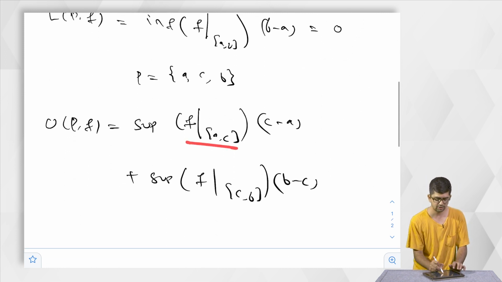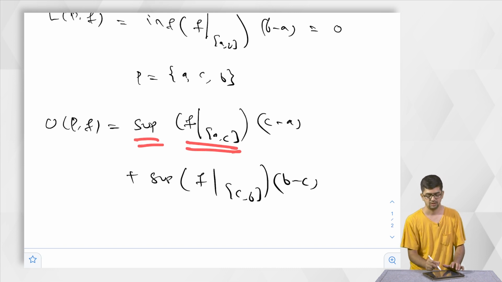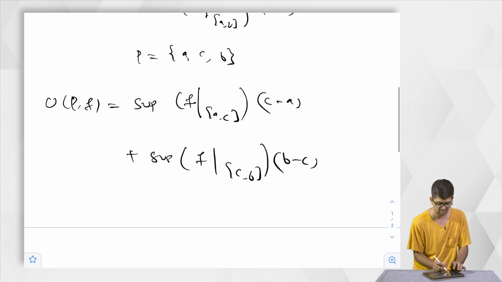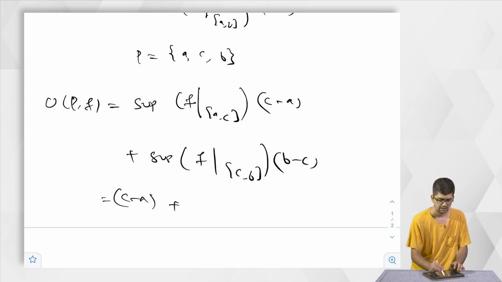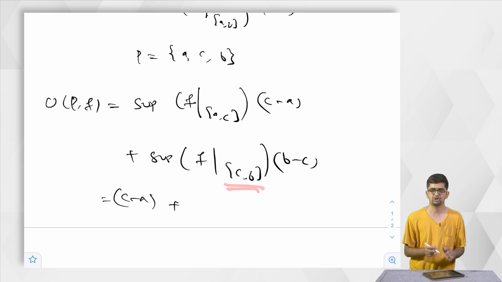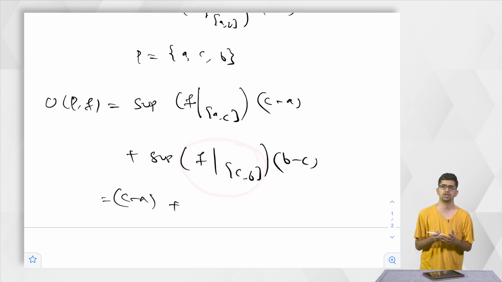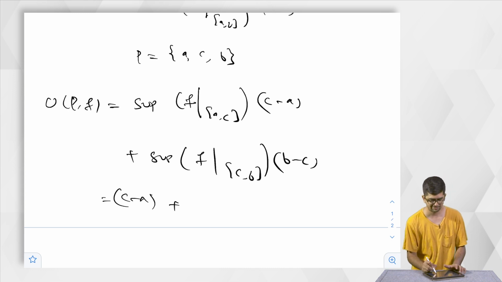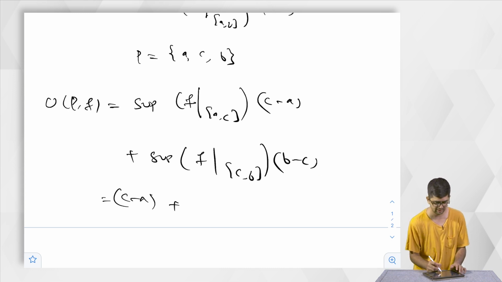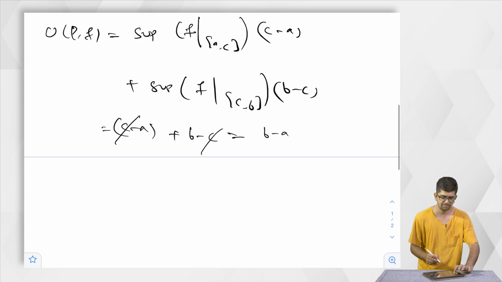So, here also it is only two elements, the supremum is 1 times c minus a, let us write that down, plus. This also contains both rational and irrational numbers. So, this image will contain only two elements, the supremum is 1 times b minus c, let us write that down. This c and this c get cancelled, so this is b minus a. Now, what is L(P,f)?